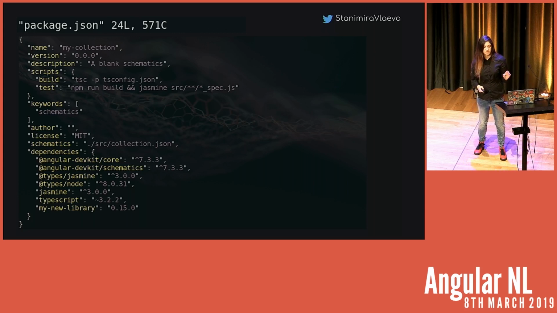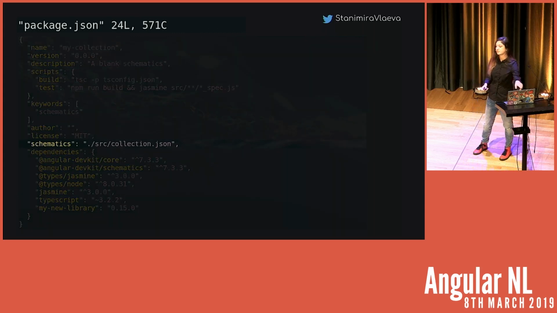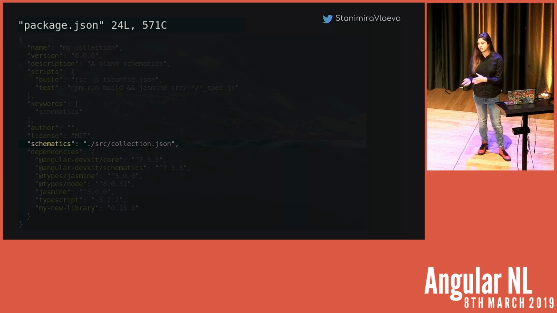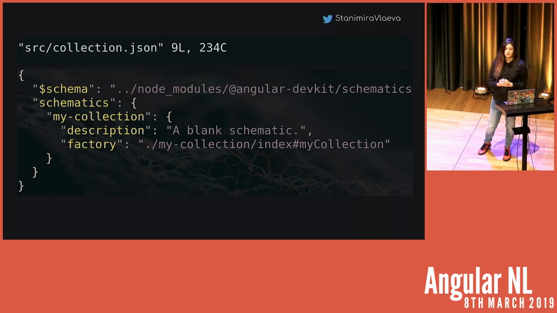Okay, in the package.json, we have a very important property here called schematics, and it points to some JSON file. This is very important, and if you use schematics for ng-add or ng-update in your library, you need to have that property in your package.json. So what's inside the collection JSON?